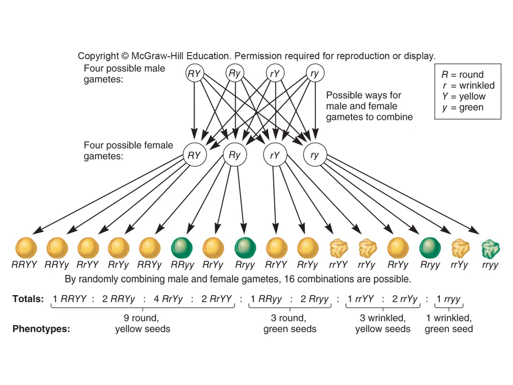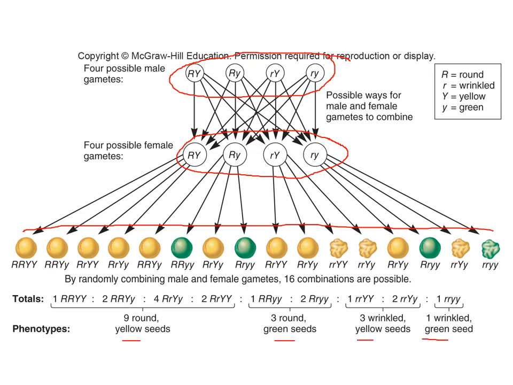So right over here, we can see that we have our male and female gametes, and they are both coming from a heterozygous mix for 2 traits. After we have added up all our 16 combinations, we get our very stereotypical 9 to 3 to 3 to 1 ratio.